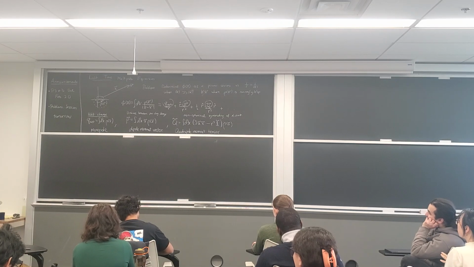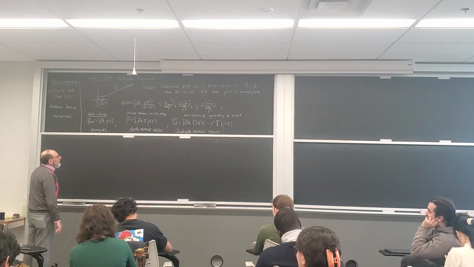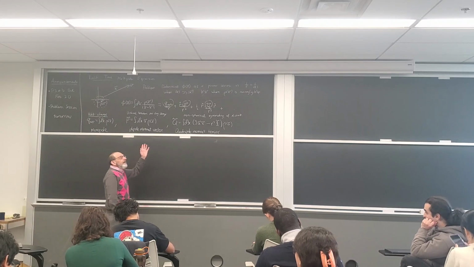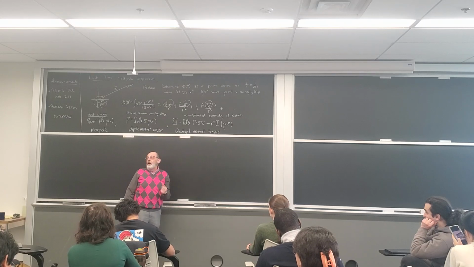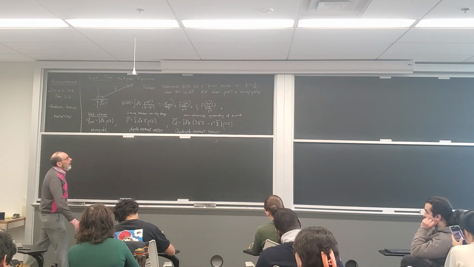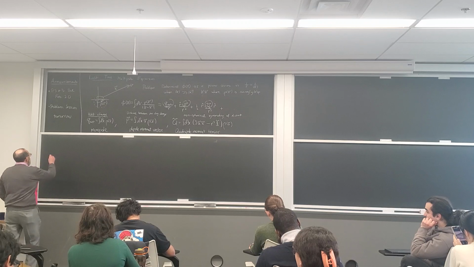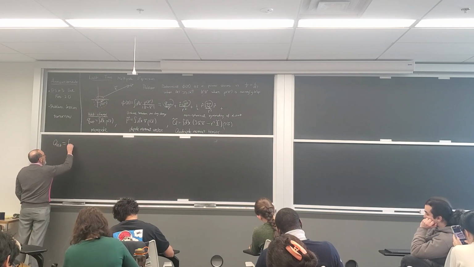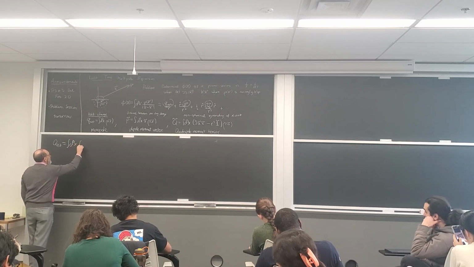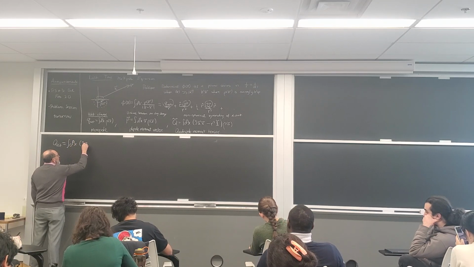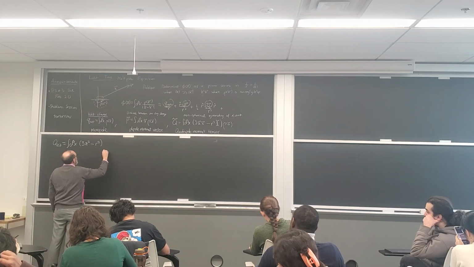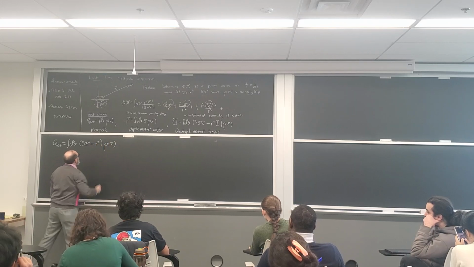All right, so let's now look at this one and only one independent component of the quadrupole moment. So Qzz is equal to the integral over all space of 3z squared minus r squared, integrated over the charge density.